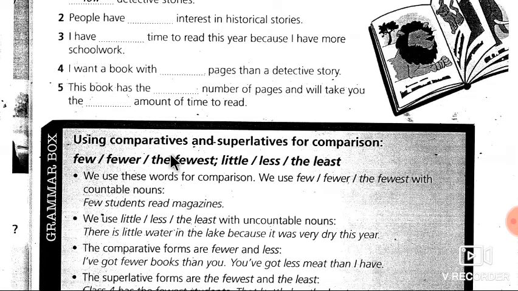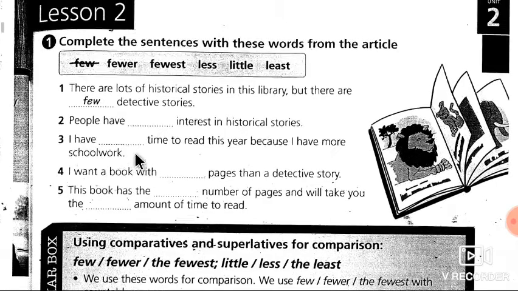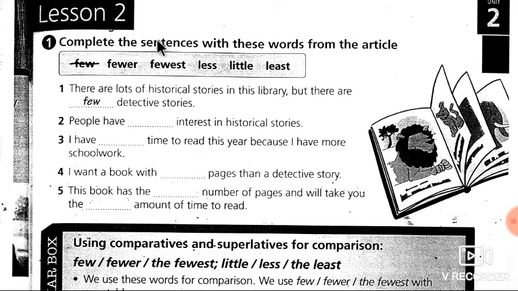Okay, we have done with the grammar, so let's start with the questions. Complete the sentences with these words from the article: few, fewer, fewest, less, little, least. There are lots of historical stories in this library, but there are few, because stories is countable.